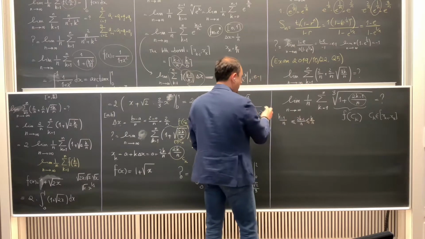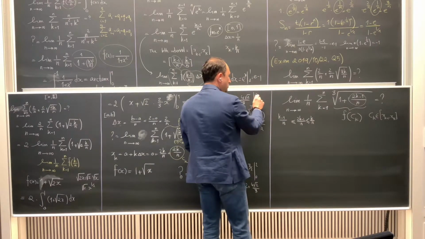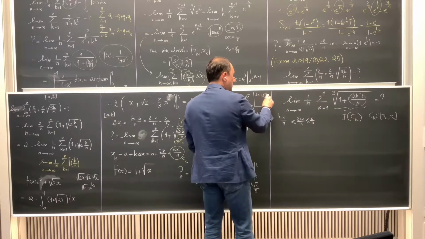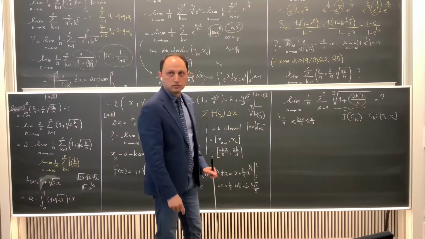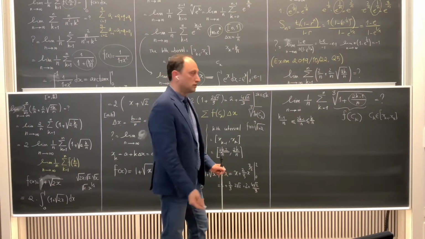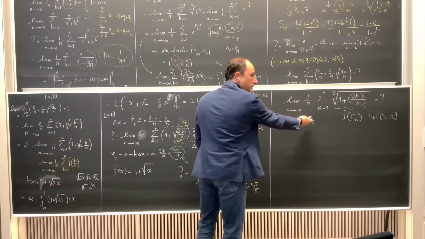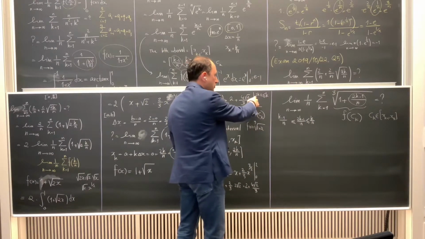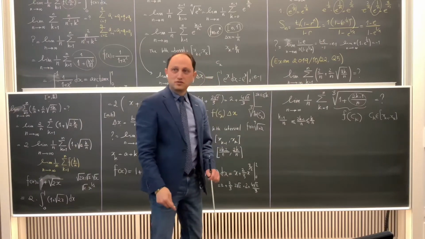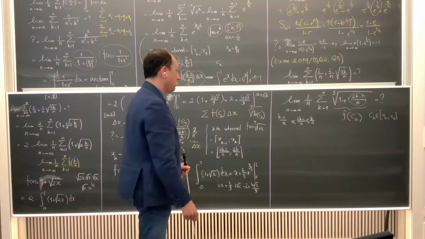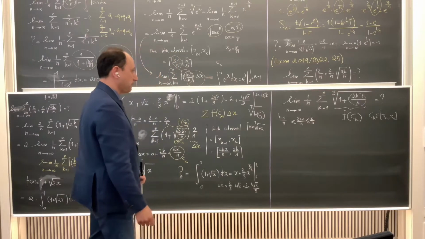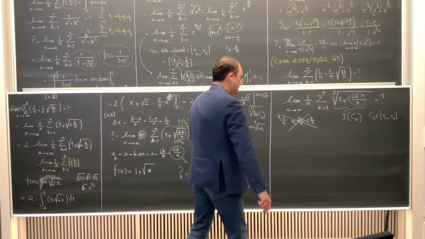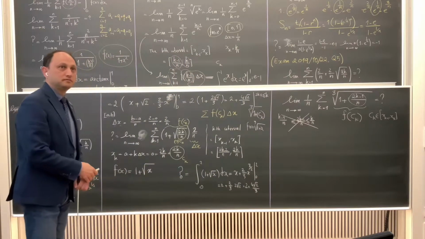If you say that is the case, you are claiming that 2k minus 1 always is less than or equal to k, which is not true. Yes? 2k minus 1 is not always less than or equal to k. Is that clear? Because 2k minus 1 is actually larger than k. Okay? Unless k is less than 1, which is not possible. Okay, so this means that this is not working. Okay, so then what?